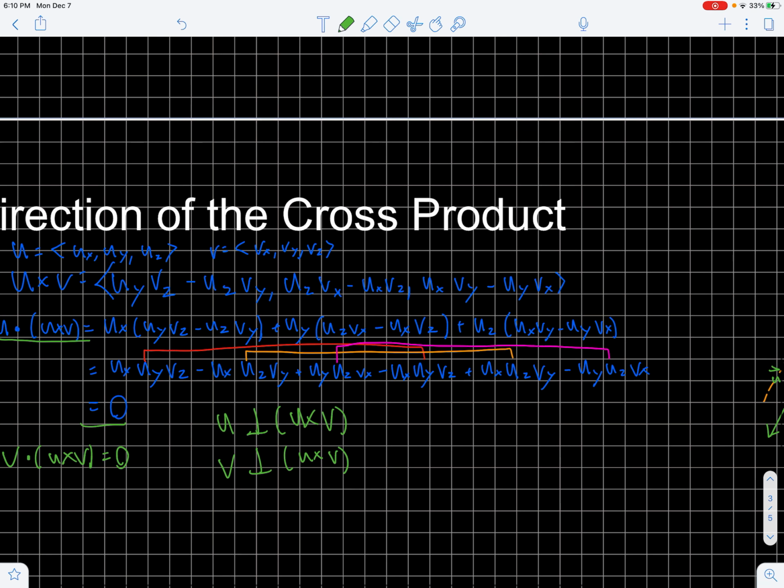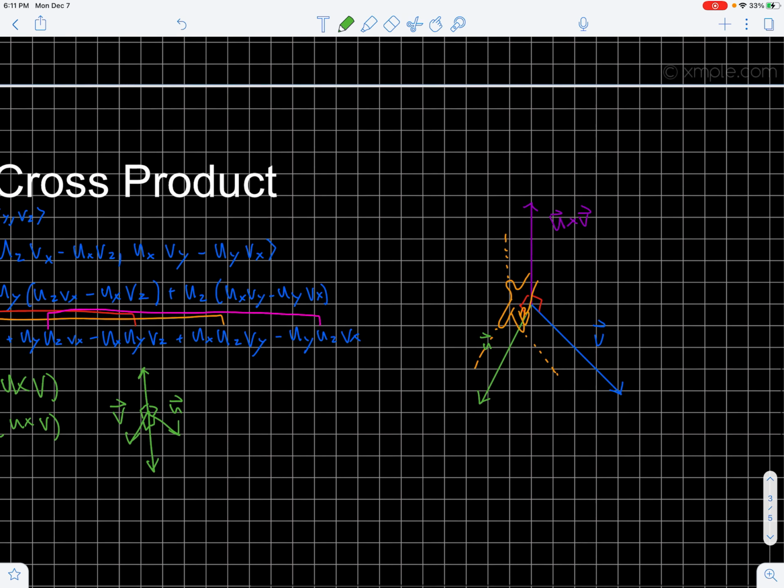Okay, so if you've got these two head to tail, or tail to tail, your cross product can either point up and be perpendicular to both, or point down and be perpendicular to both. Those are the only ways that it can be perpendicular to both. And the way we know in which way it points is to use what is called the right hand rule.